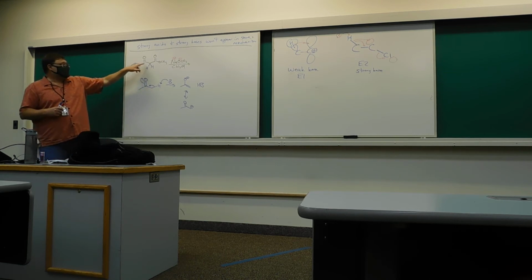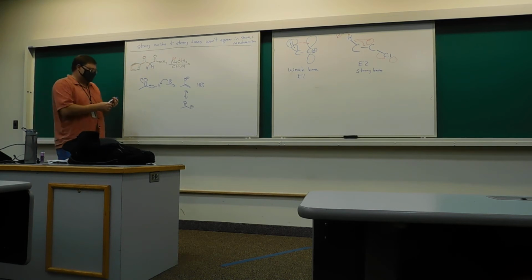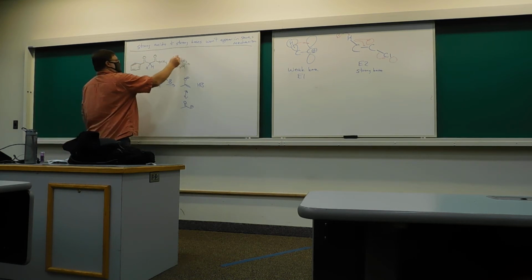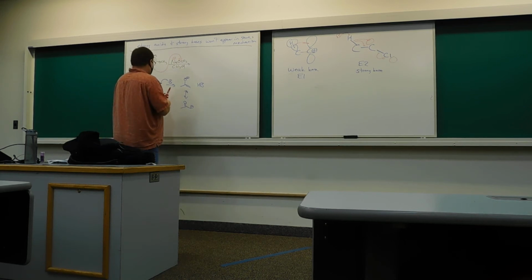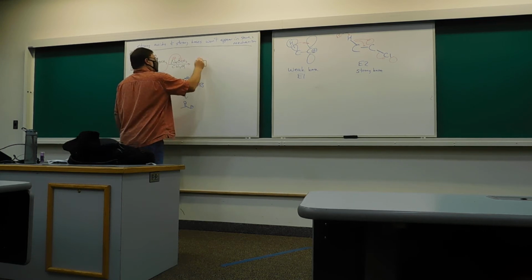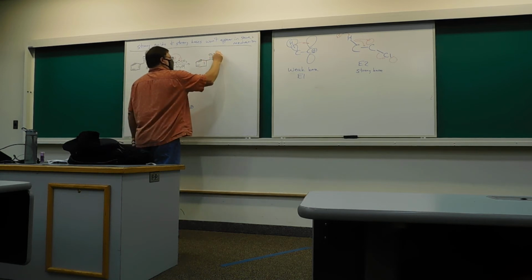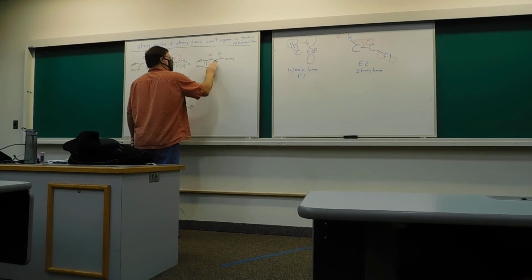And so that makes the H's on the position bonded to the carbonyl relatively acidic for a CH. In this case, you've got two carbonyls. So the first thing that happens is acid base. I'm going to draw this out.